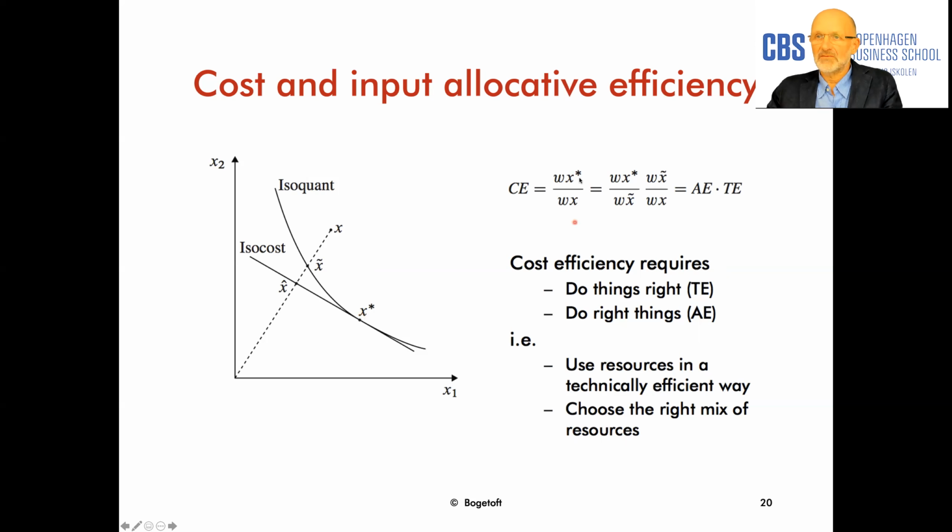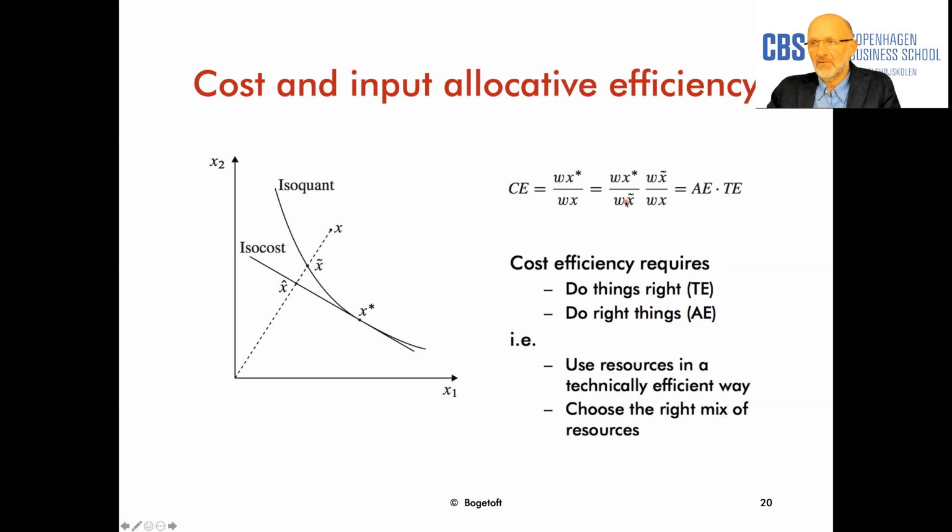This is just a fancy way of writing cost at this point divided by cost at this point here. An interesting thing you can do is rewrite this by inserting the cost of X tilde.